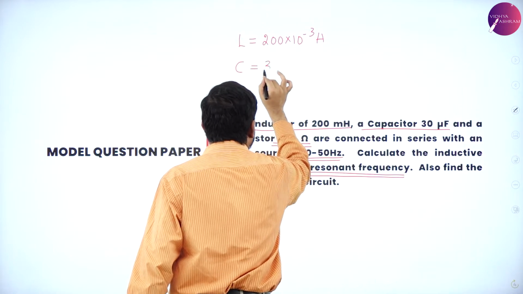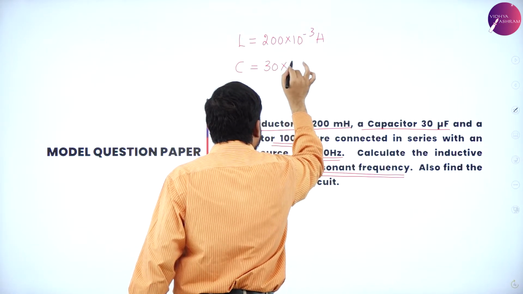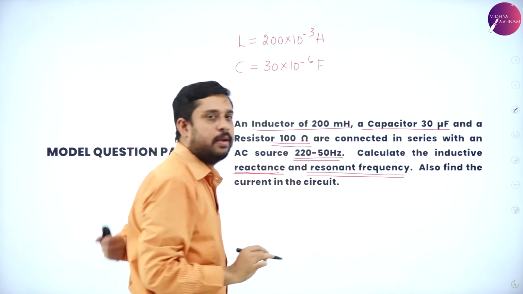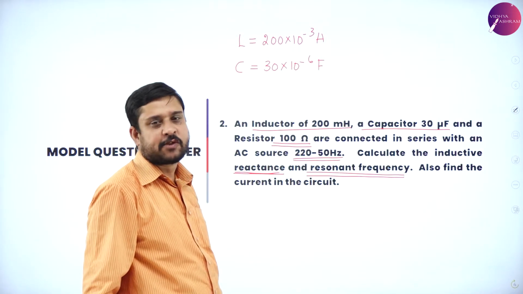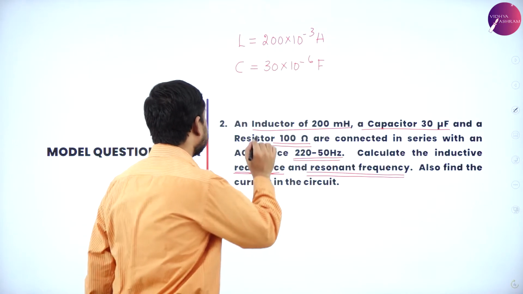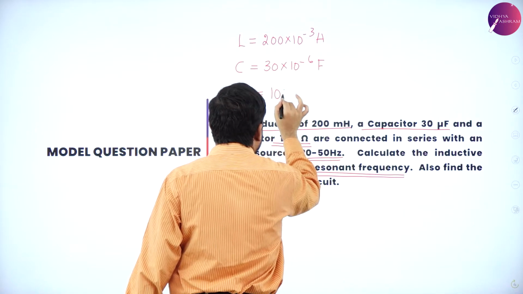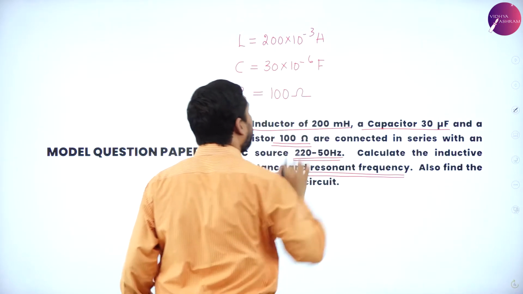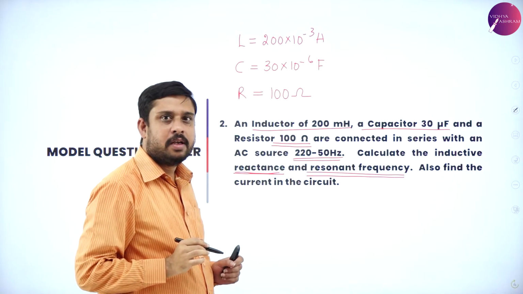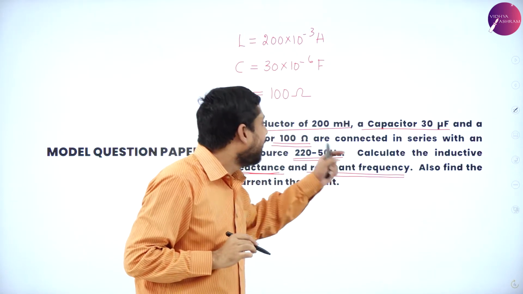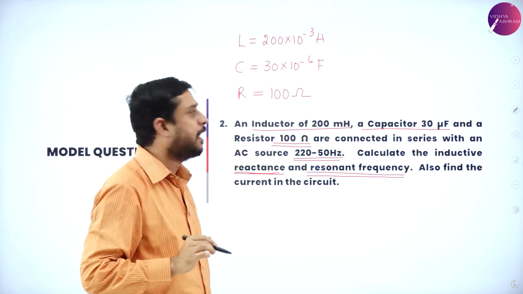Capacitor 30 microfarad, that is 10 power minus 6 farad. Resistor 100 ohm. They are connected across a 220 volt, 50 hertz AC.